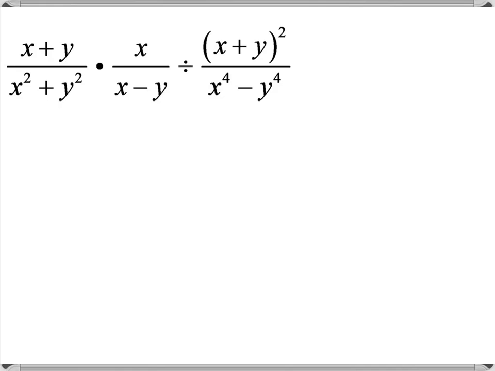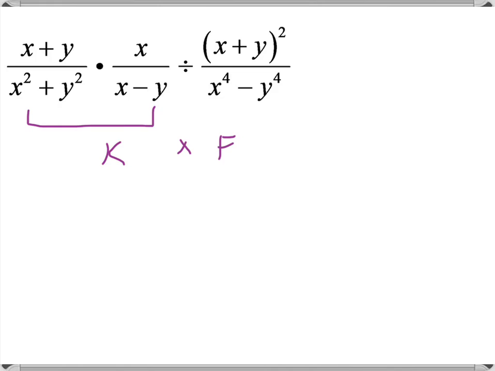Okay, finally we have this longer one where the first two are being multiplied and the last one is being divided. So the first thing I want to do is a keep, change, flip, but I'm going to keep this whole one here, change this to multiplication, and flip this second one.